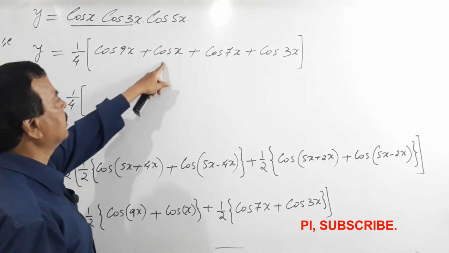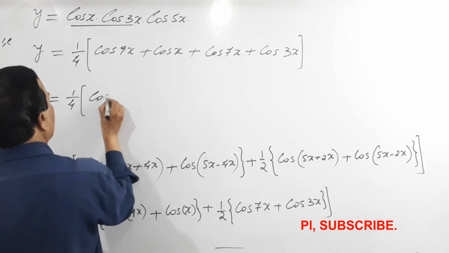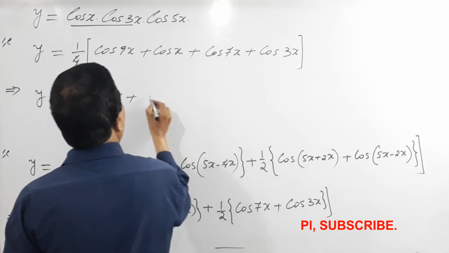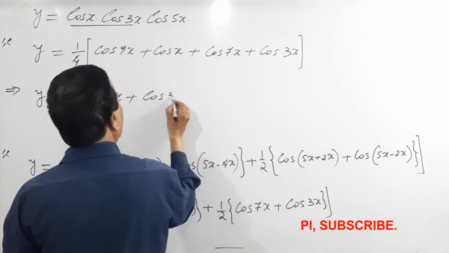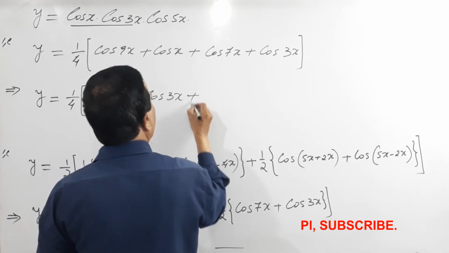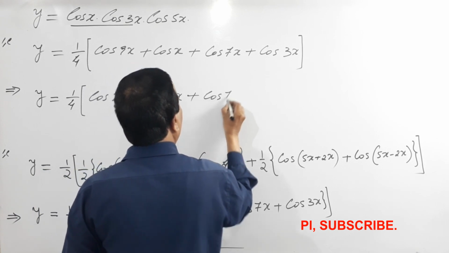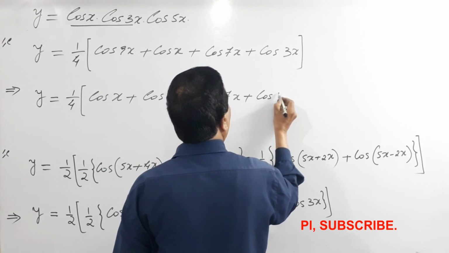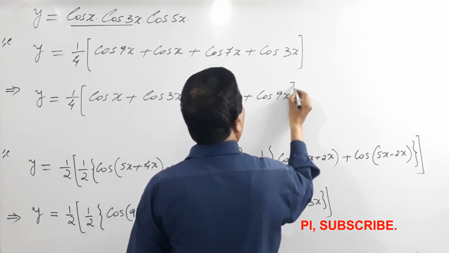What is the least? Least is cos x, plus second least is cos 3x, plus cos 7x and lastly cos 9x.